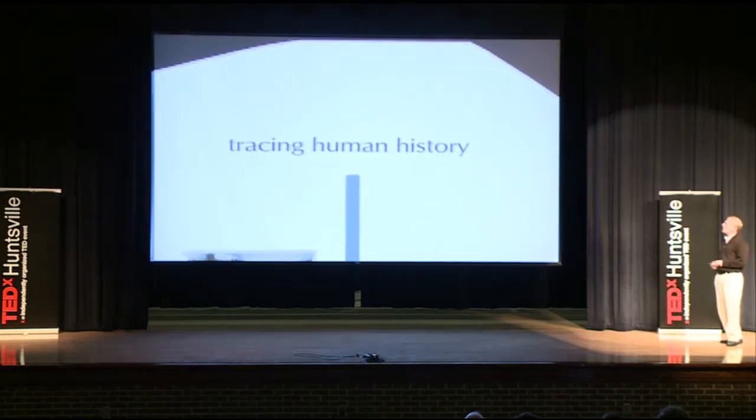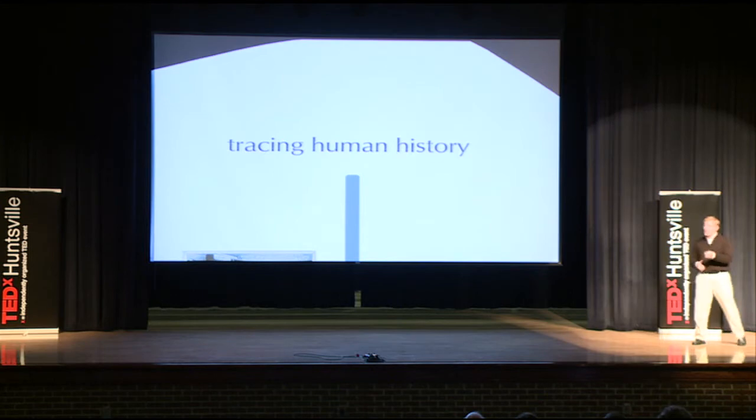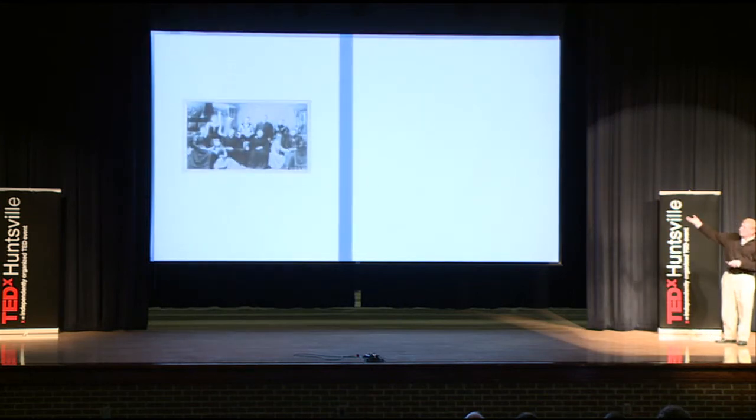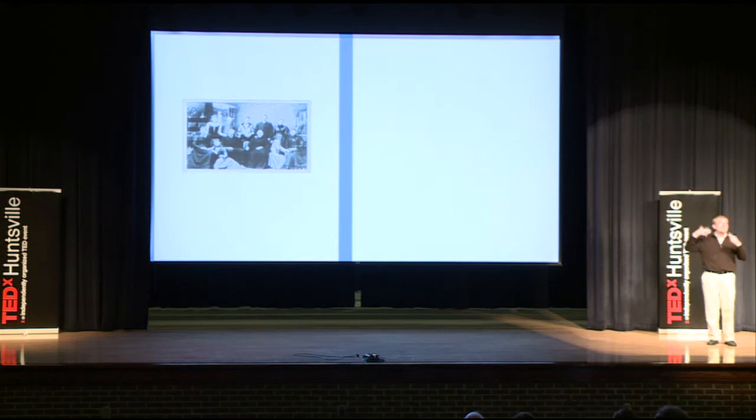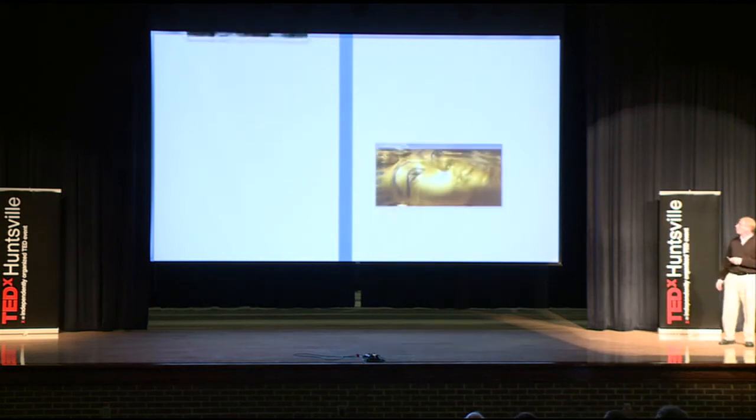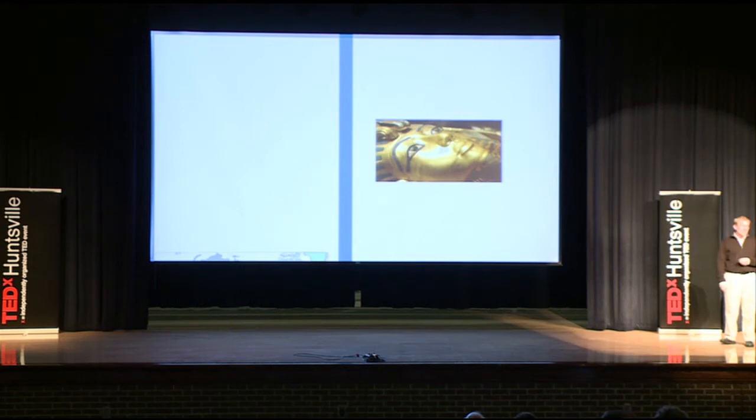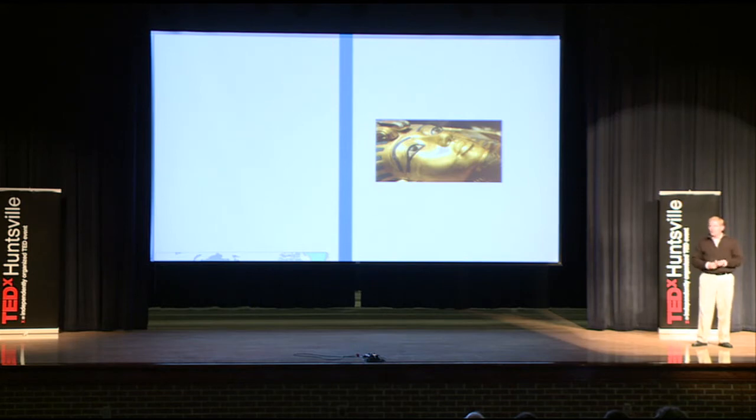So we're going to start with a little bit of history. You can trace human history looking at genetic signatures. Now, you certainly could do this when we're talking about great-grandma and great-grandpa, but I'm actually interested more in deeper human history, like putting together the family lineage of King Tut by sequencing bits of his genetic information and genetic information from other mummies from around the Valley of the Kings.